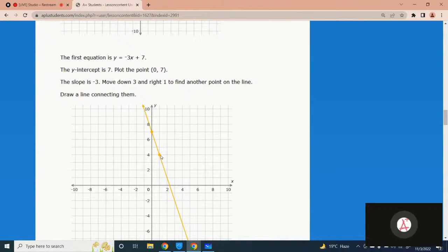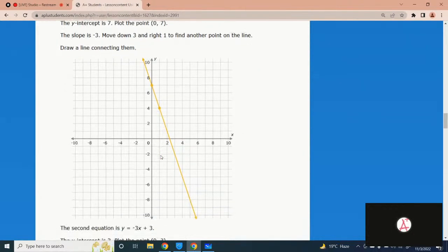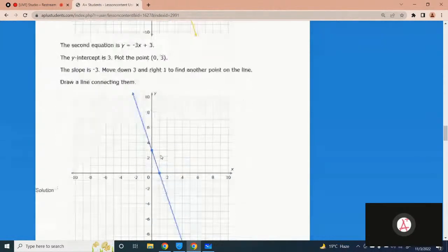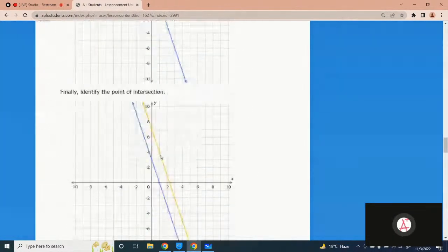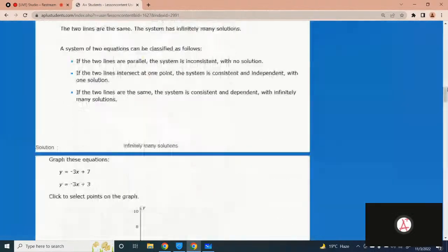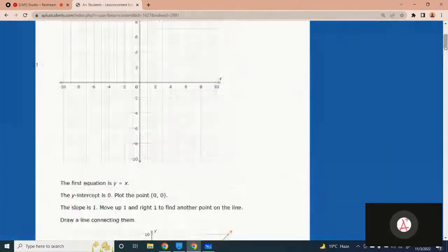Then the slope is negative 3, so move down 3 units and right 1 to find another point. So the other point would be 4 and 1, sorry, not 3 and 1. And then you have to plot the line for the other equation and select if it has no solution. Okay, let me start with an example. We'll do the questions by ourselves.